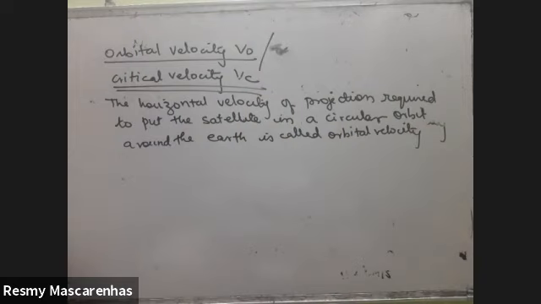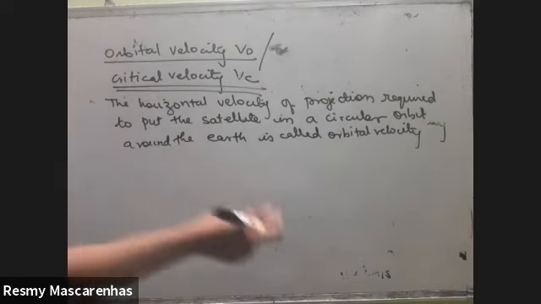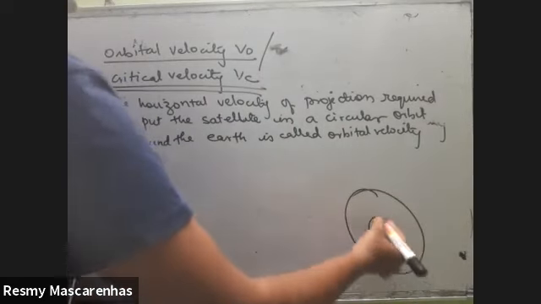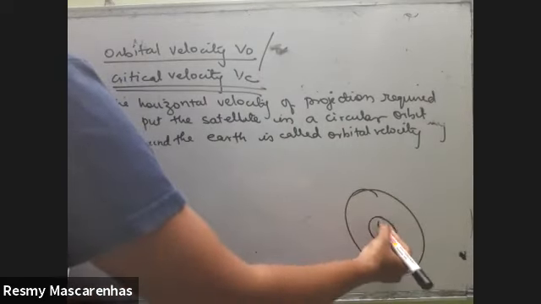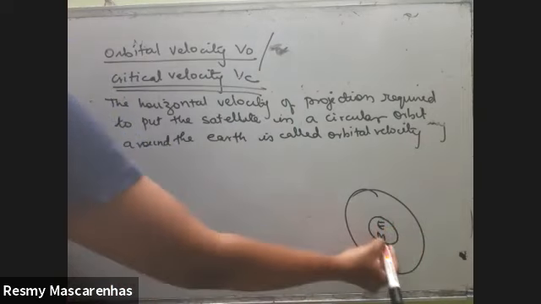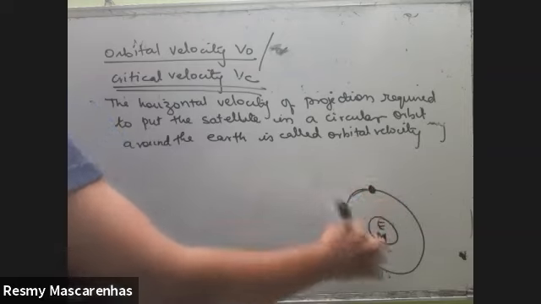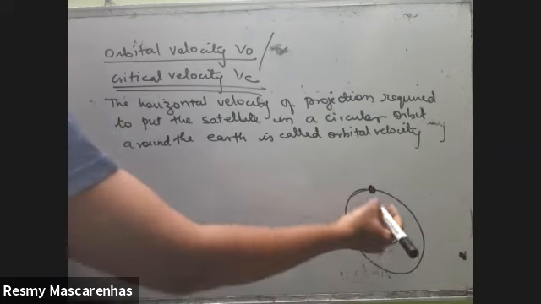So we'll derive this. Now this is the Earth, suppose, of mass capital M. This is the satellite which has been launched from the Earth.